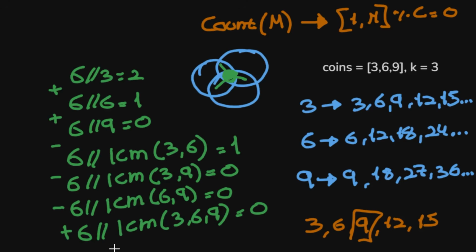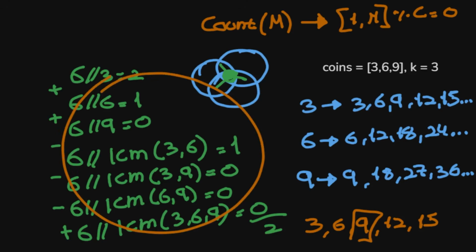Given that we have to count it, we need to do this. So how many amounts can we build in the range from 1 to 6 that are divisible by at least one coin? Well, we do 2 plus 1, which is 3, plus 0, 3, minus 1, 2, minus 0, minus 0, minus 0. The final result is 2. So the answer of this lookup is 2.